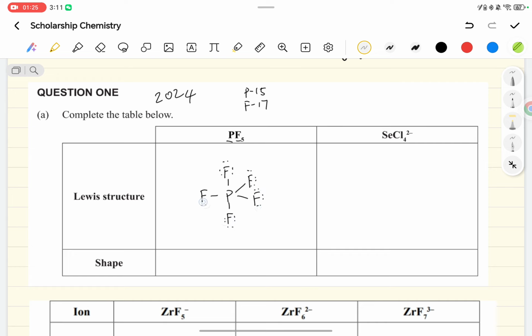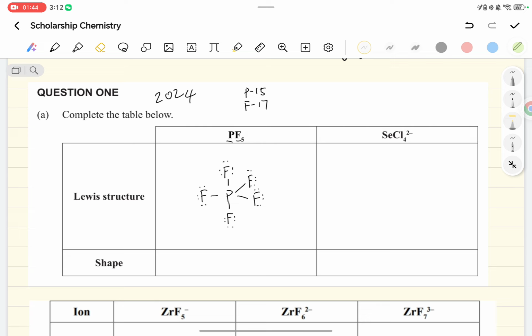After you've drawn the lone pairs, now we have to determine whether we need to draw lone pairs around the central phosphorus atom. We do this by first looking at the number of valence electrons PF5 should have. So let's take a look.